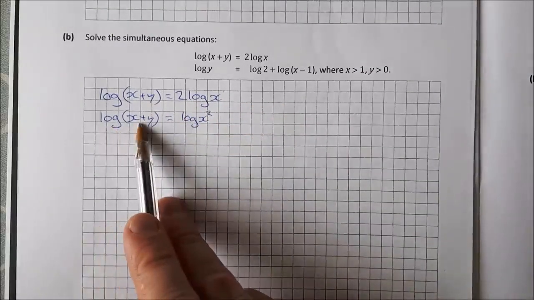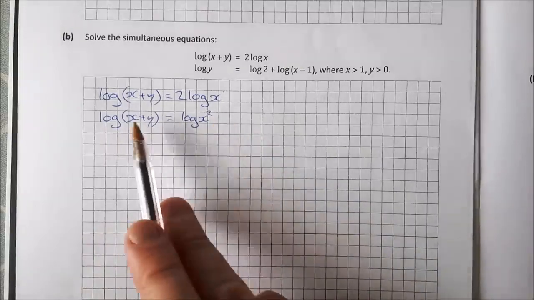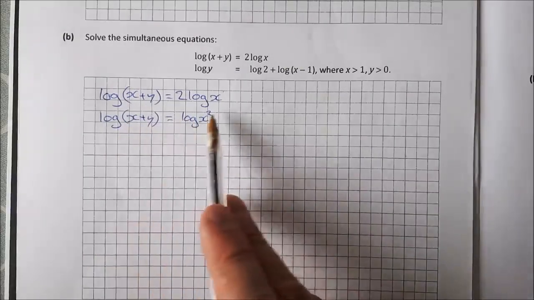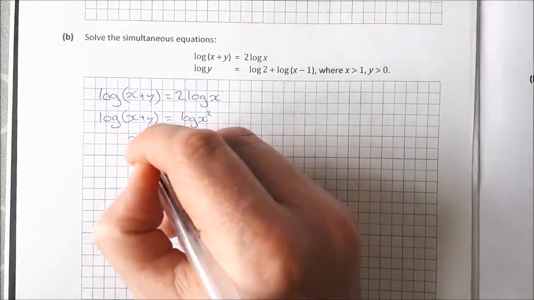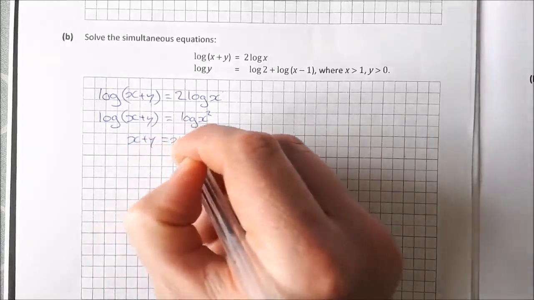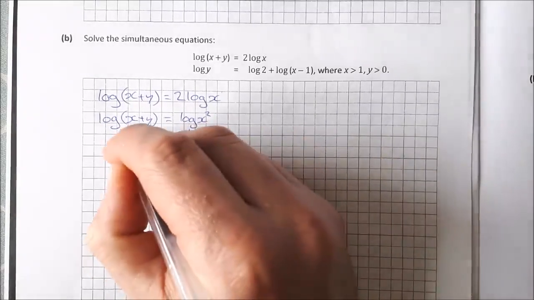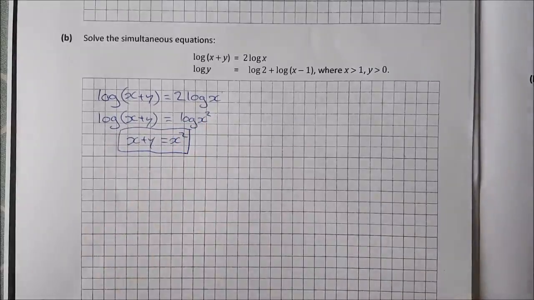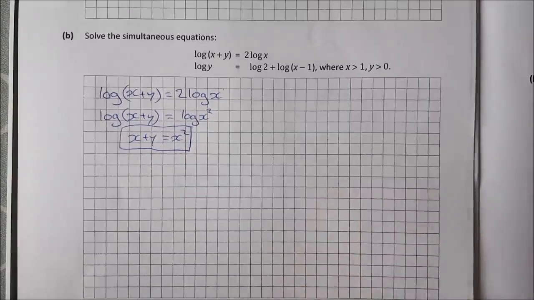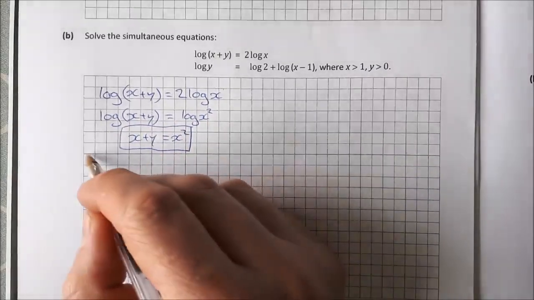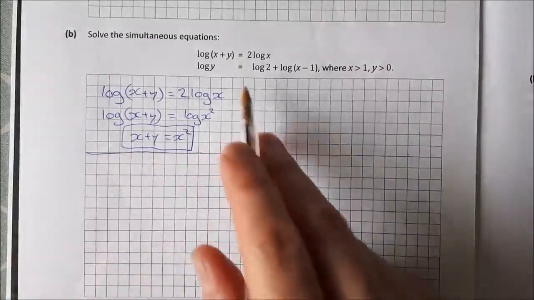Now I have the log of x plus y equal to the log of x squared. That means x plus y is equal to x squared. Now I've made a much simpler equation. There's no longer any logs in it, and it's only in x's and y's. So we'll see if we can do the same thing with the other equation.